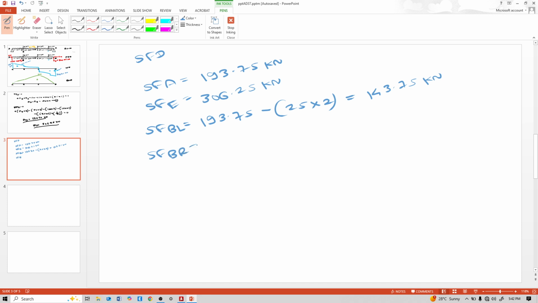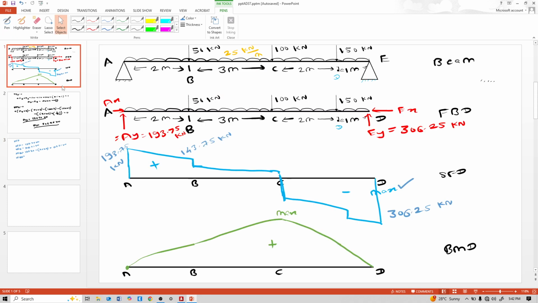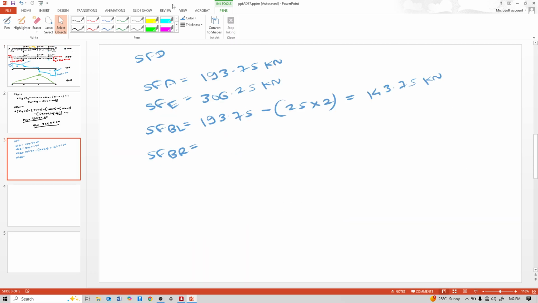Shear force at B towards right is this 193.75 positive, minus 25 into 2, and minus 50, which is 93.75 kilonewton.